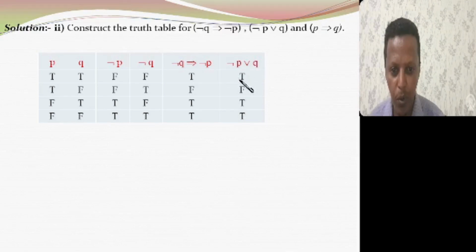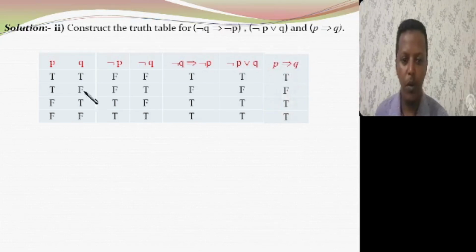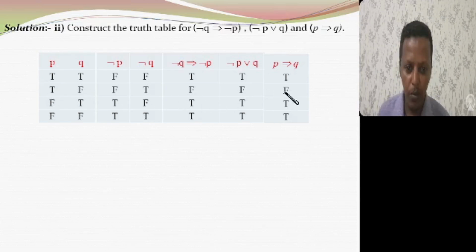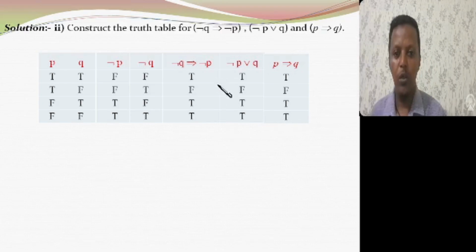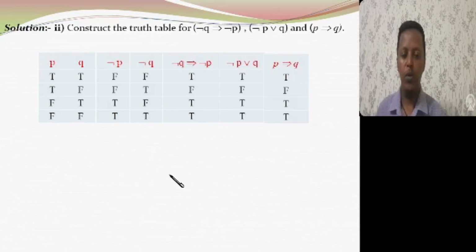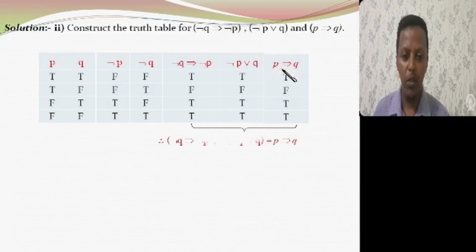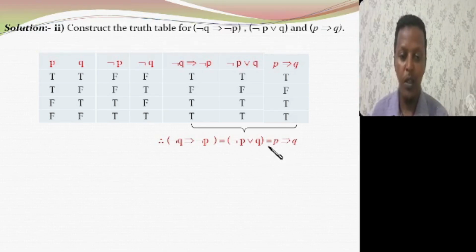So for negation P or Q, we get what? True, false, true, true, which is similar to negation Q implies negation P. Again, P implies Q, remember? For implication, true implies false becomes false, otherwise it is what? True. So as you can see from the table, we get the same truth value for the three compound propositions. So they are what? Equivalent. Negation Q implies negation P is equivalent to negation P or Q. This is also equivalent to P implies Q.